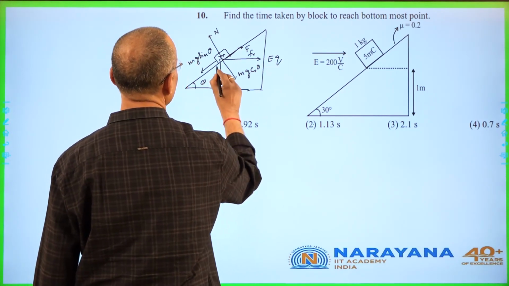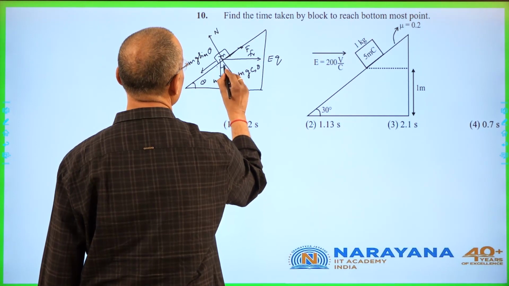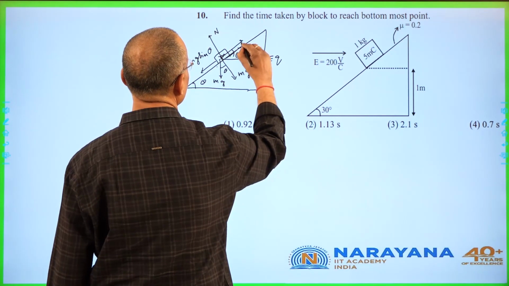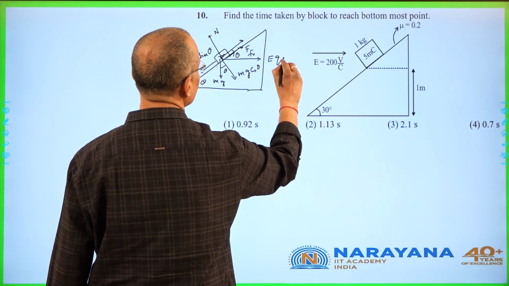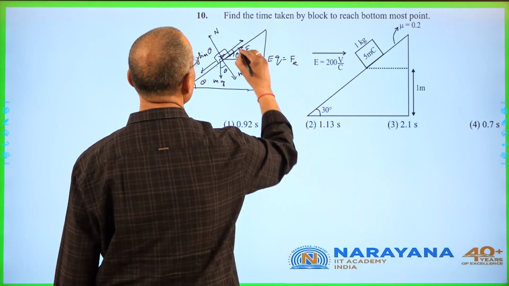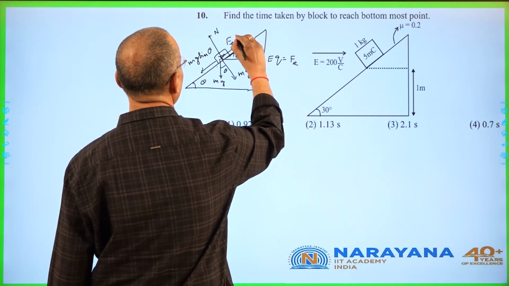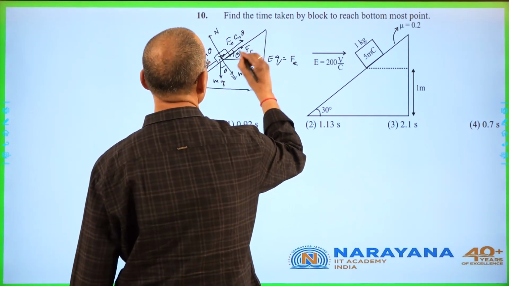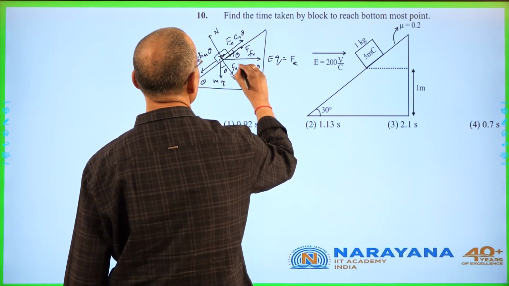If it is theta, this is 90 minus theta, this angle will be theta. So, this force, if I represent it by Fe, then it will become Fe cos theta here and Fe sin theta here.